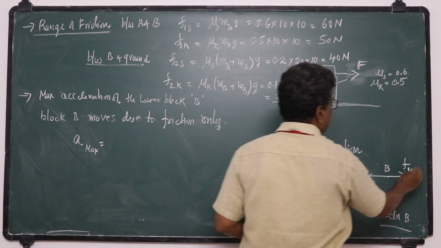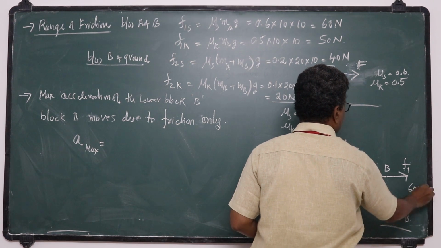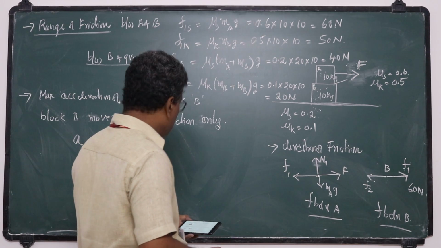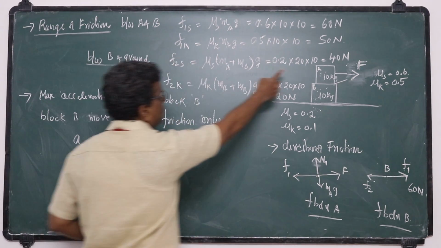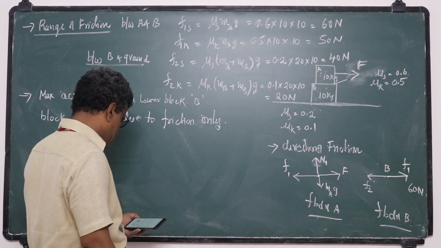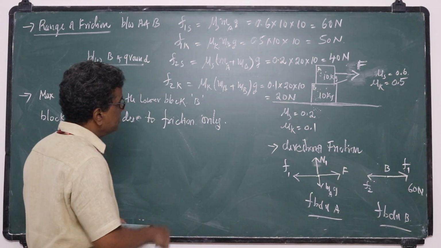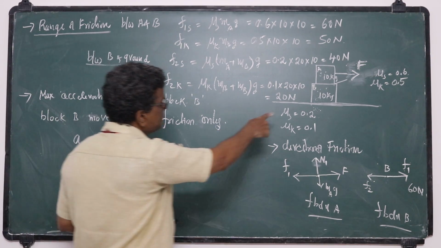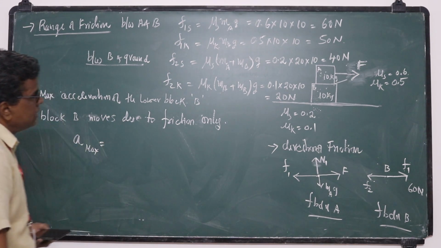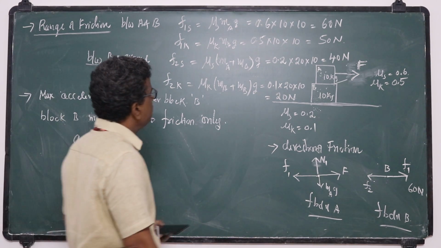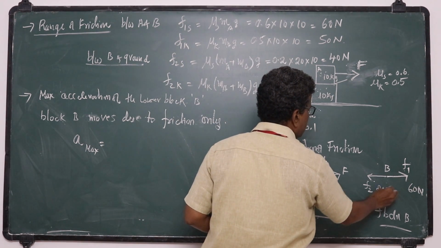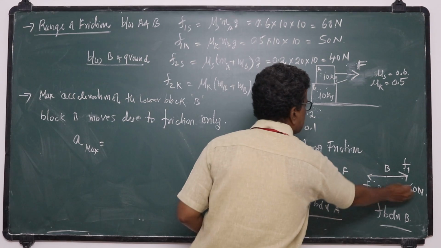F1 is 60 newtons. What is F2? F2 maximum value is 40 newtons. Once the block starts moving along with A, it has kinetic friction. So F2 kinetic is 20 newtons, which will act opposite to this.